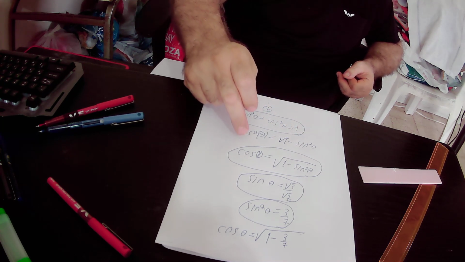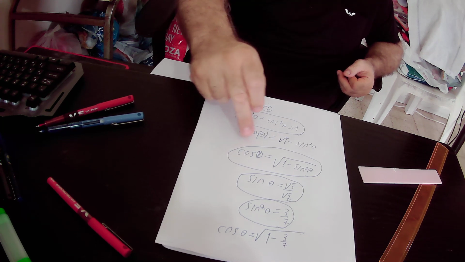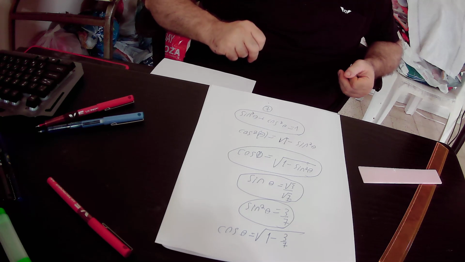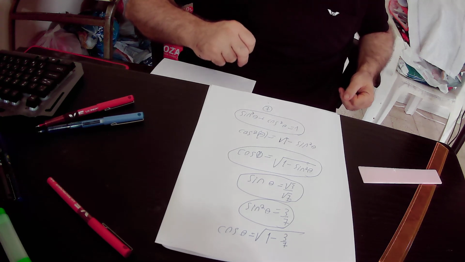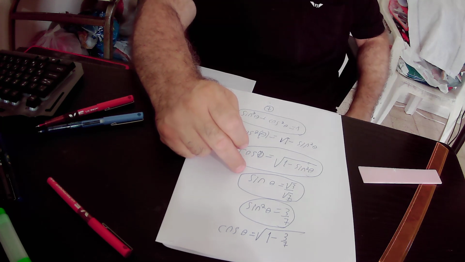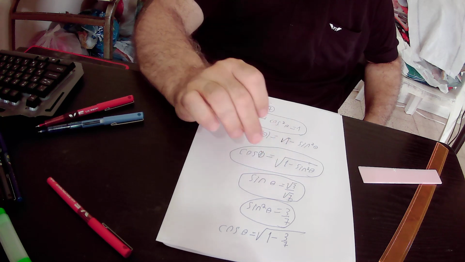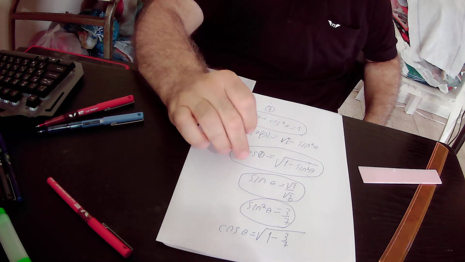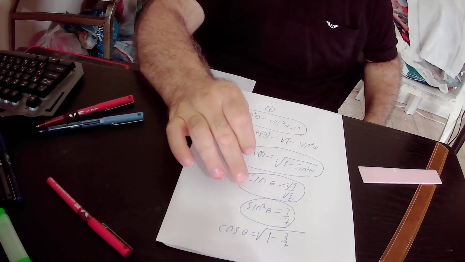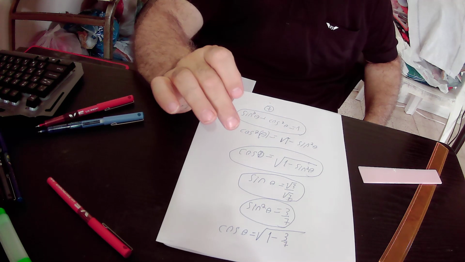Then we took the root, and we got that cosine theta equals the root of 1 minus sine theta squared. We have already found that sine theta equals root 3 over root 7, so sine theta squared equals 3 over 7.